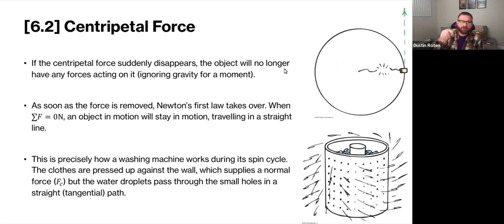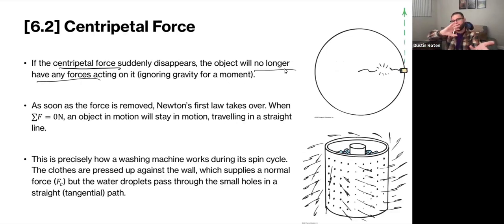Now, if the centripetal force suddenly just disappears, remember the centripetal force is anything holding an object in a circular path. If that centripetal force suddenly just goes away, the object will no longer have any forces acting on it. Now, let's just ignore gravity for a minute, right?